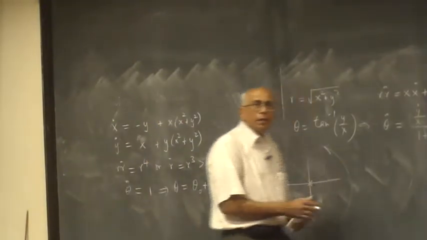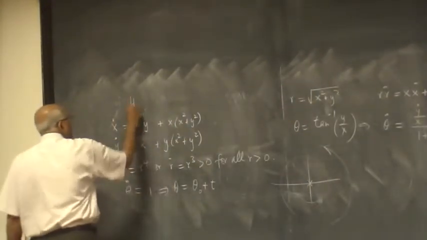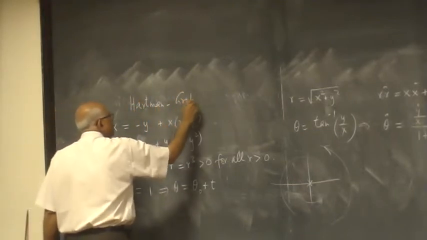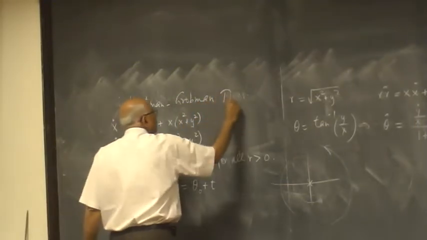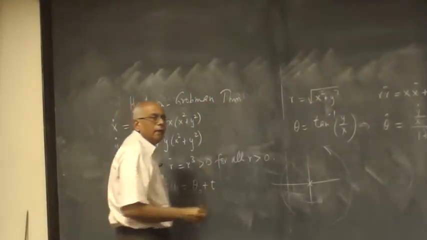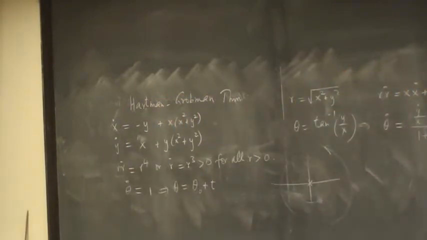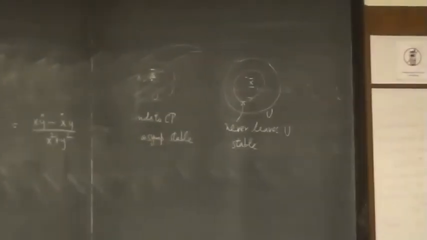That's the theorem, this theorem due to Hartman-Grobman, which says that in the absence of a center manifold, linearization is a unique asymptotic description of the true flow, and uniquely so. In the presence of a center manifold, you have to take recourse to more sophisticated methods. Can't always rely on it.